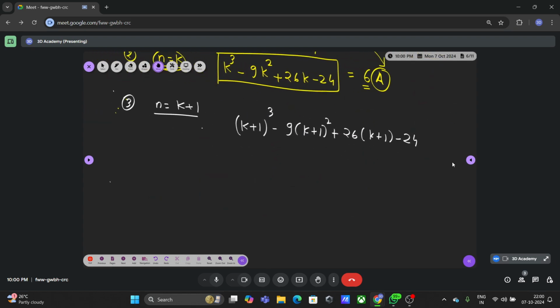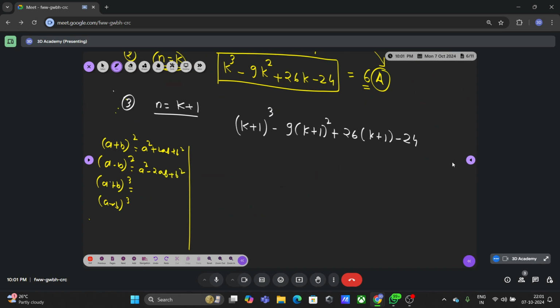Now you need to remember a few things. Whenever you are doing mathematical induction questions, you need to remember properties like a plus b whole square, a minus b whole square, a plus b whole cube, a minus b whole cube, right? So what is a plus b whole square? It is a square plus 2ab plus b square. A minus b whole square is a square minus 2ab plus b square.